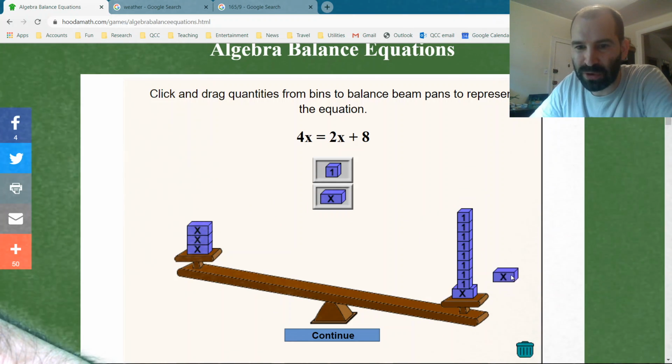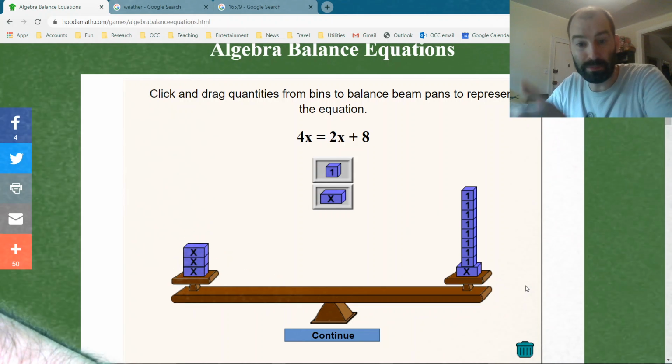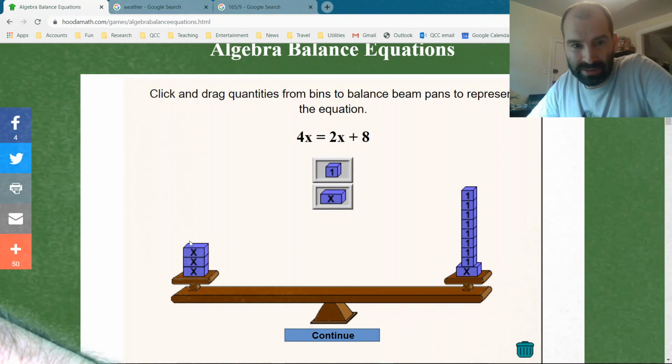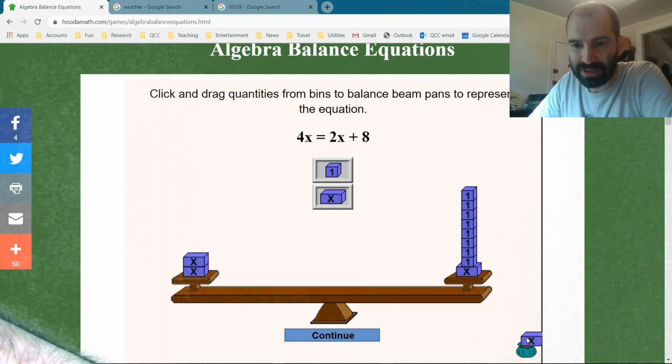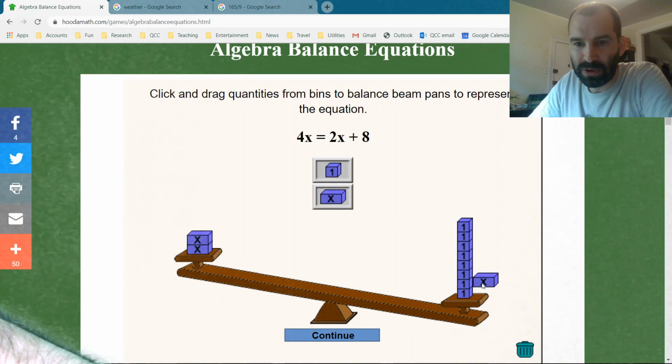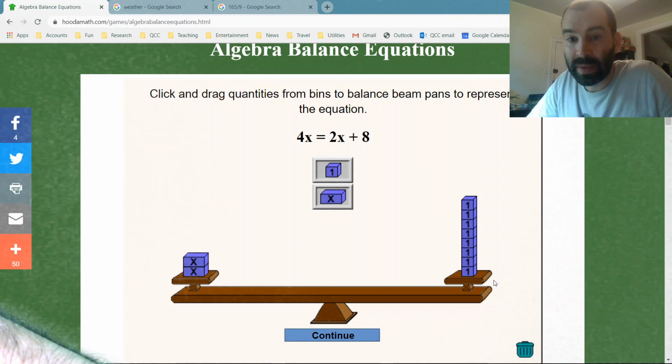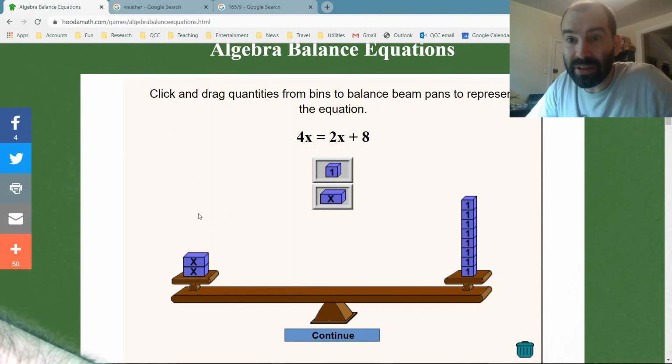And I'll remove an x from the right, right? And sure enough, scale is balanced. Let's do it again. Remove an x from the left, remove an x from the right. The scale's balanced still. Okay, so I've got only x's on the left, only ones on the right. I think I'm getting there. I'm almost to where I need to be.